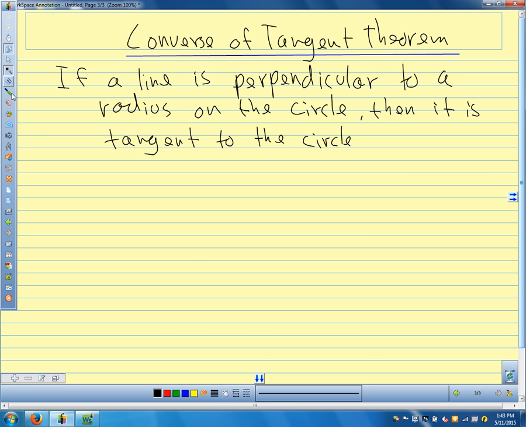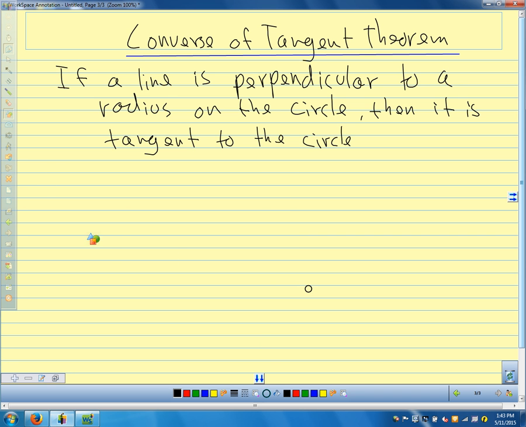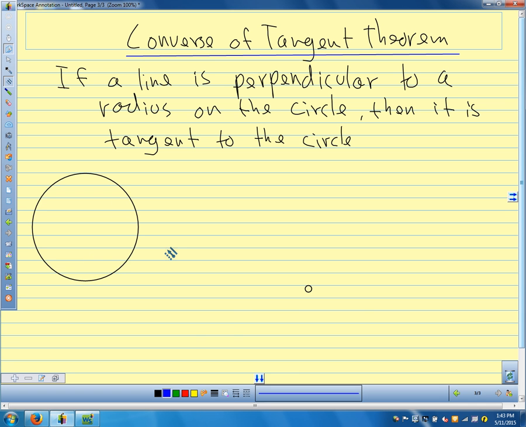And our picture looks exactly the same. We're just using this in reverse. So we're saying that we know that this line is perpendicular to the radius. That guarantees us that it is tangent to the circle. Our drawing looks exactly the same.